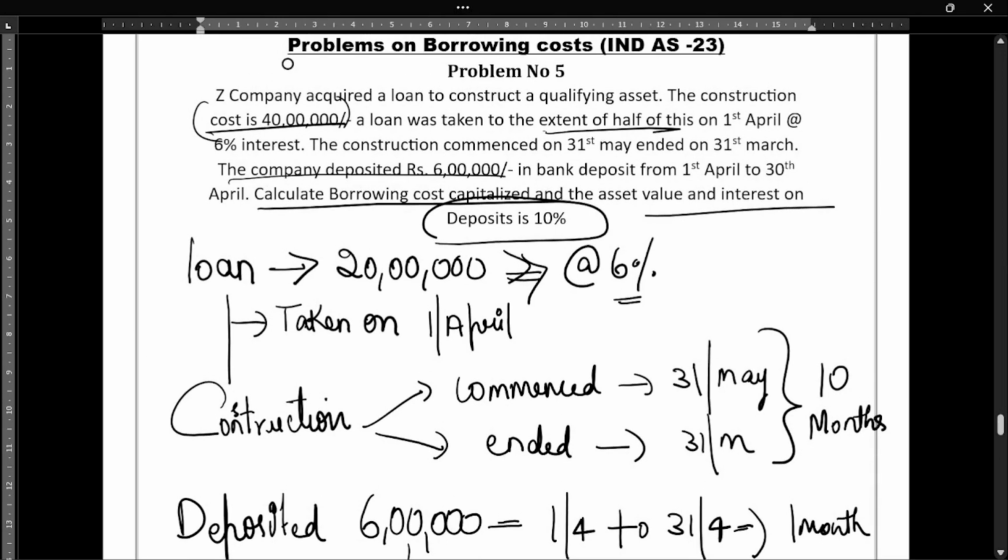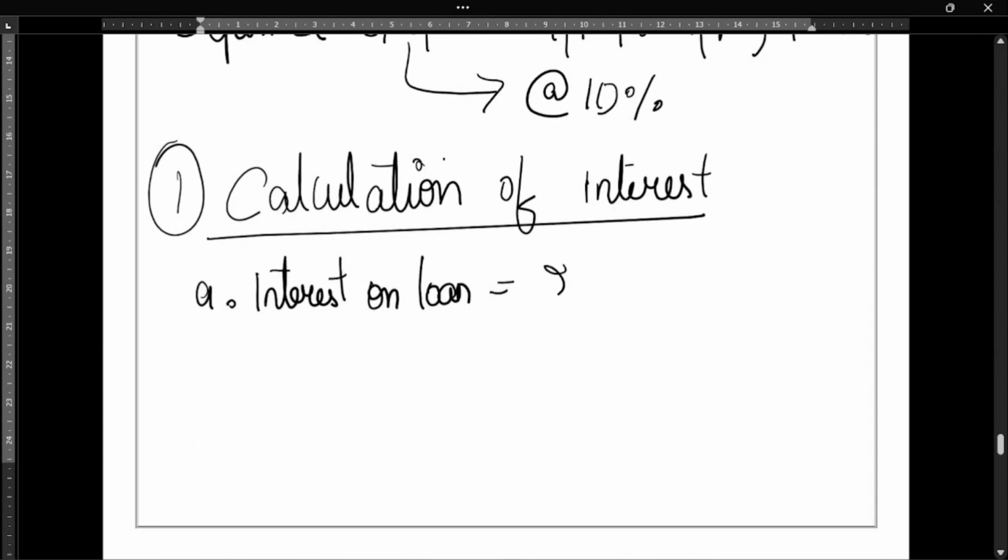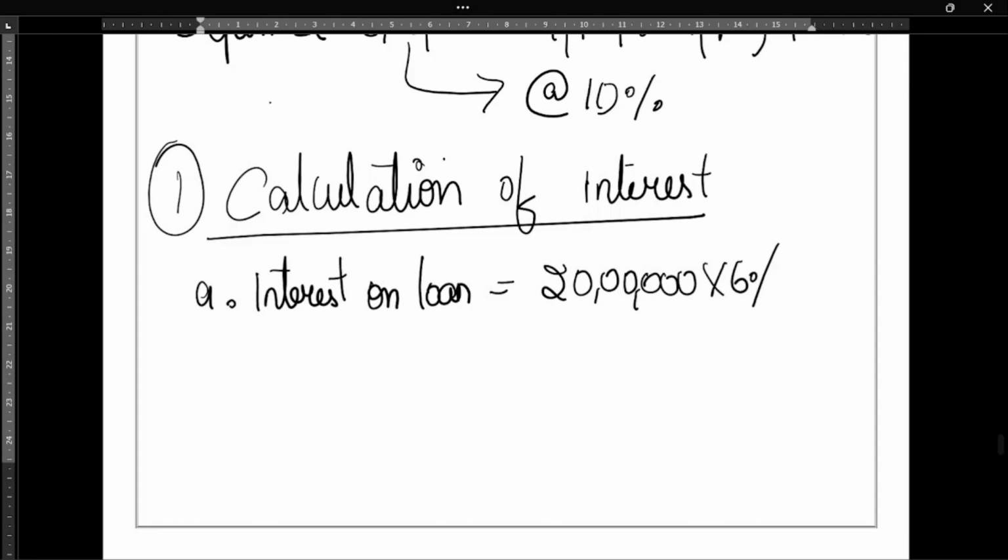So how much is the loan amount? Here we have written 20 lakh. So the loan amount is 20 lakh into 6%.